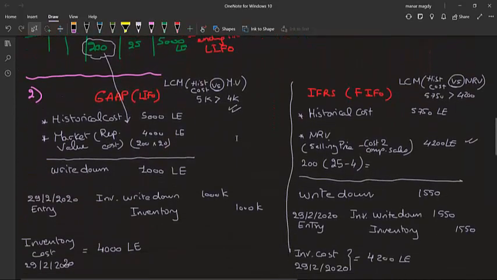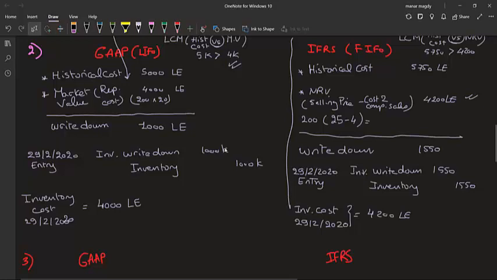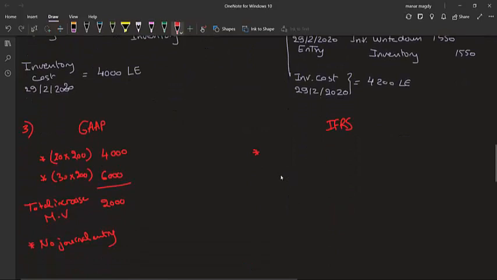This is the amount which we mentioned before. It increased from 4,200 to 5,000, and if we remember the rules, the reversal of a write down is allowed under IFRS, so we'll answer it here.